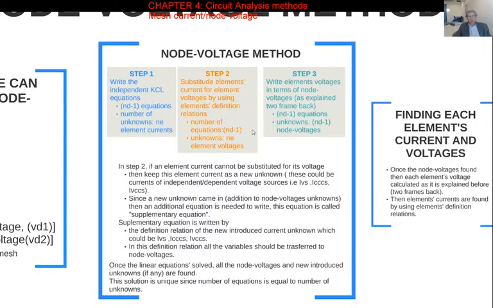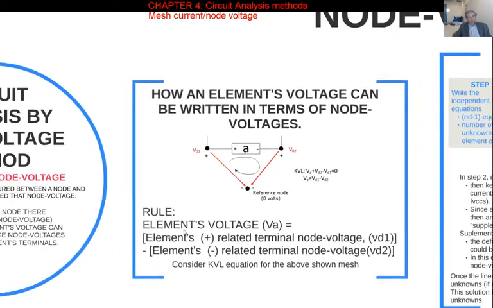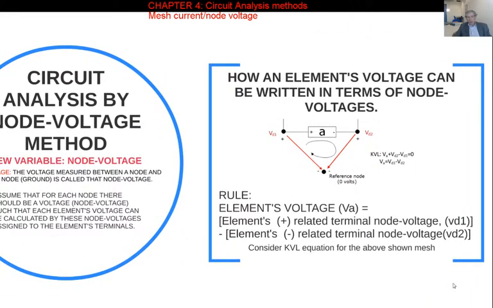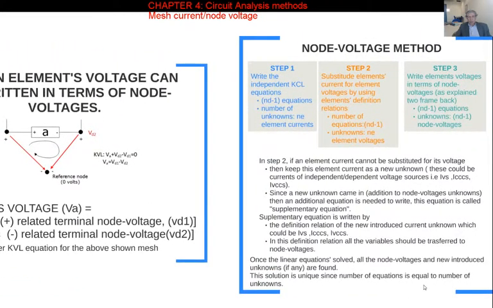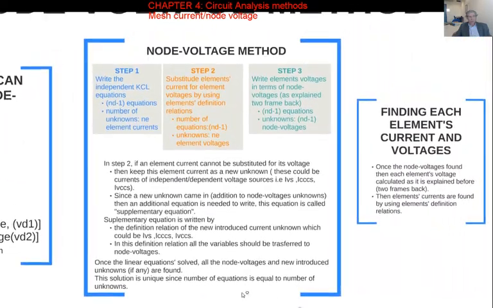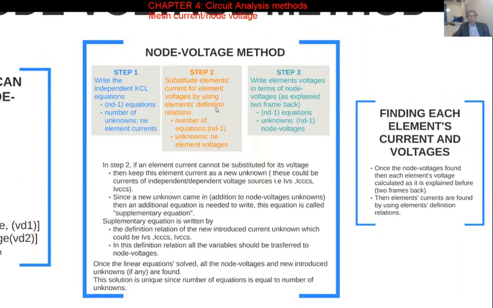In step 3, in these equations we've got element voltages. We already made a rule saying that all the element voltages can be calculated in terms of node voltages. So we are going to replace all the voltages in step 2 with the node voltages.